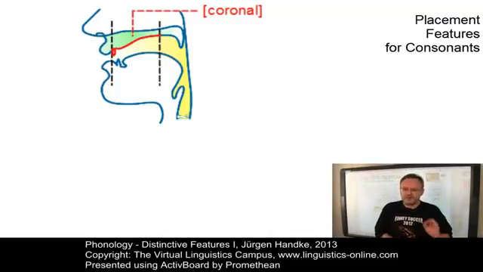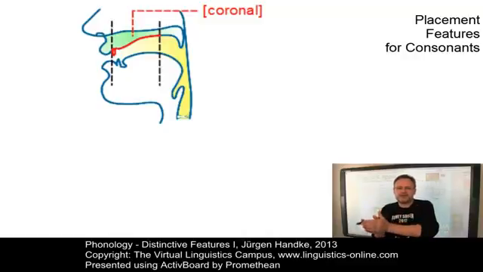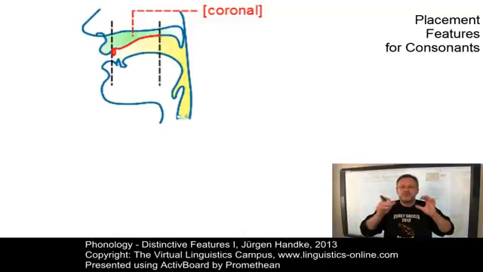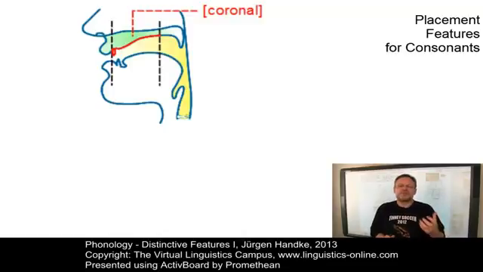This involves all those sounds that are produced between the dental and the palato-alveolar region. The expression coronal is defined as pertaining to the blade of the tongue. A more transparent term would thus be bladal, yet this one doesn't exist in English. For this reason, the feature coronal relating to the crown of the tongue has been chosen instead.